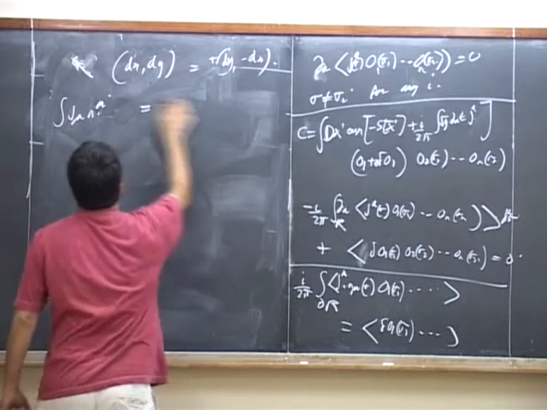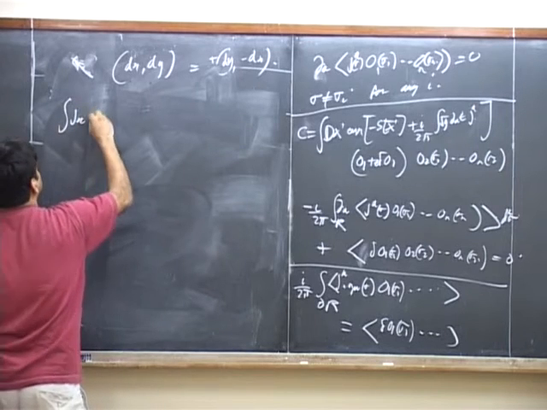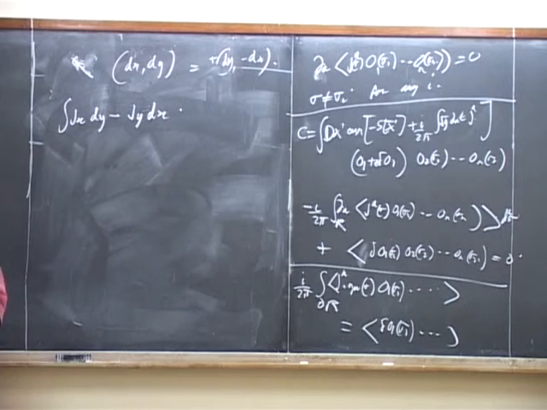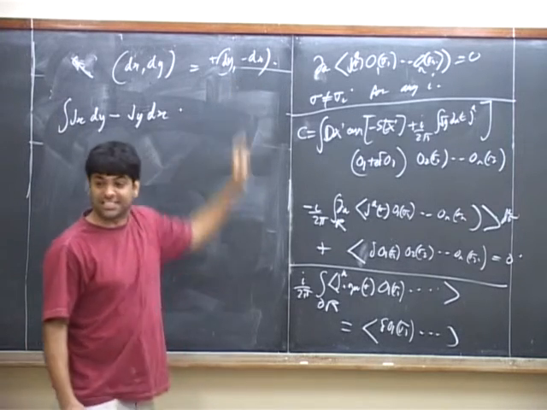So j mu n mu is the same thing as jx dy minus jy dx. I've just taken the vector j and dotted it with this. Is this clear?